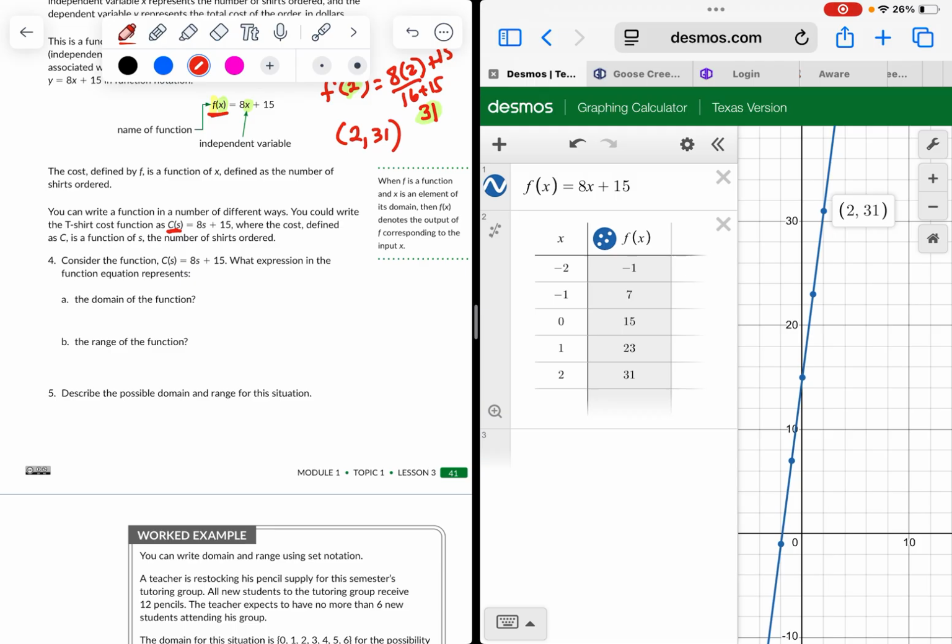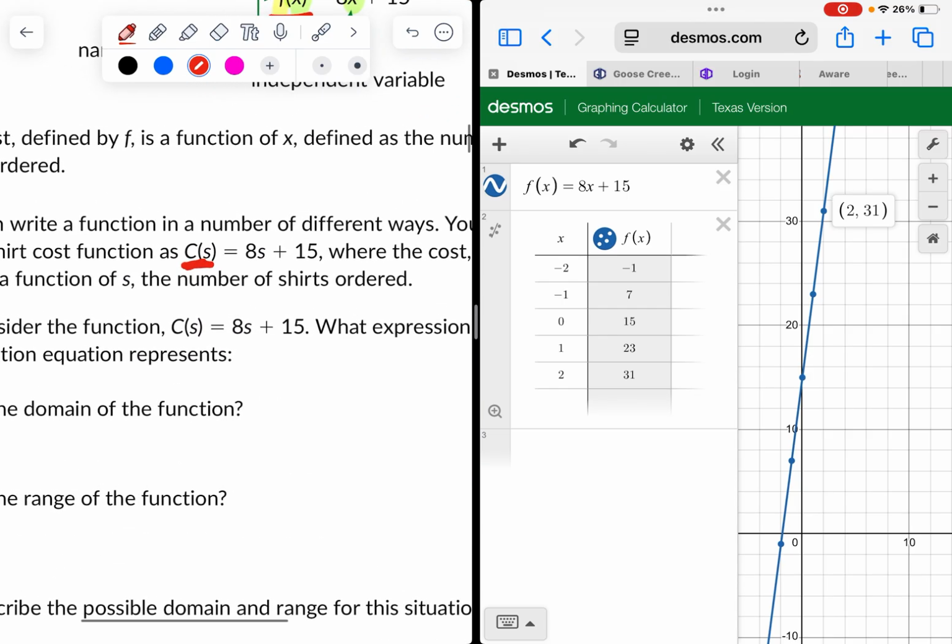To graph it in Desmos, you got to use x's and y's, or f of x and x. Just letting you know, I could write this exact same function using the name c, and I could say I'm inputting an s. C is still the output, s is still the input. So whatever your function name is, that is your output.